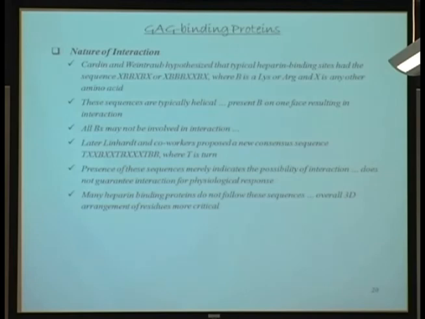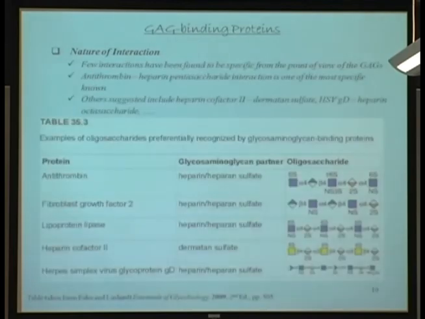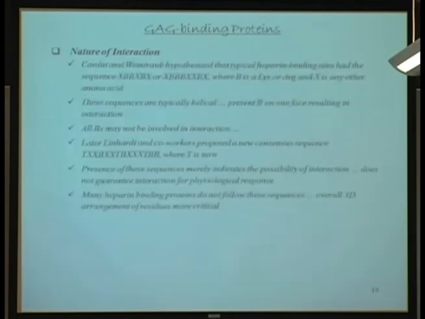This is a theory that was proposed in 1989, I believe, and it is usually called the Cardin-Weintraub model, in which this particular sequence, XBBXBX or XBBBXXBX, where B is a basic residue and X is any hydropathic residue, is important. Most of the time this sequence is a helix.